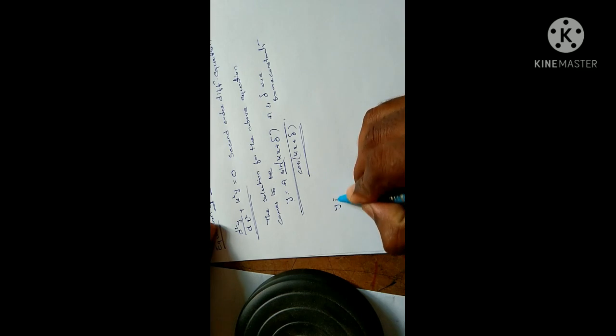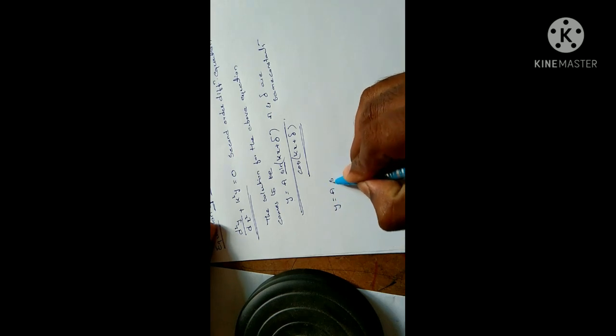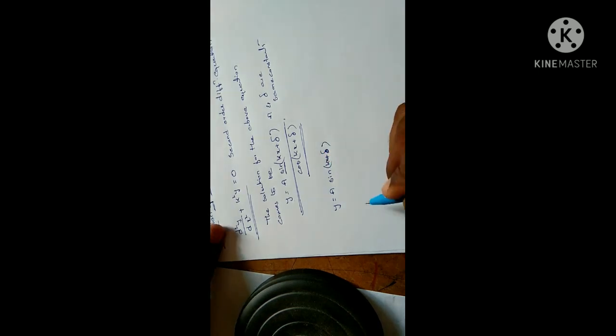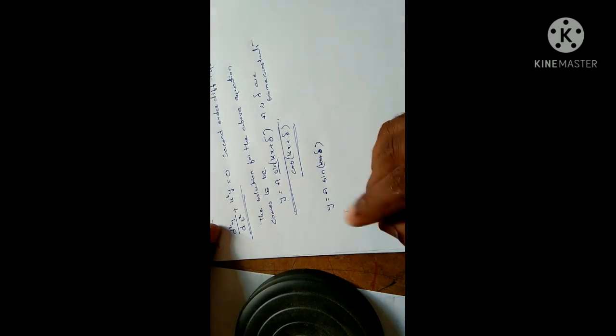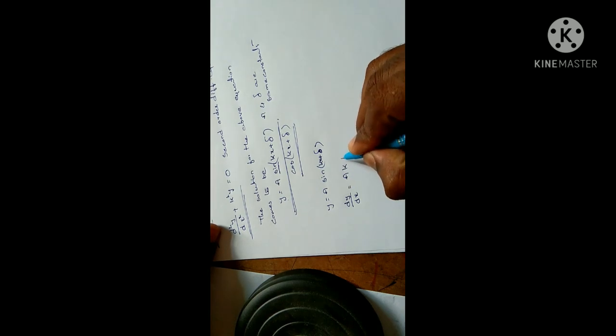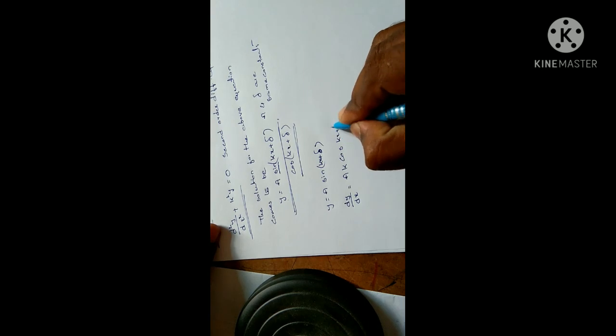I will take y is equal to a sine (kx plus delta). If you differentiate it with respect to x once, I will get dy by dx is equal to a k cos (kx plus delta).